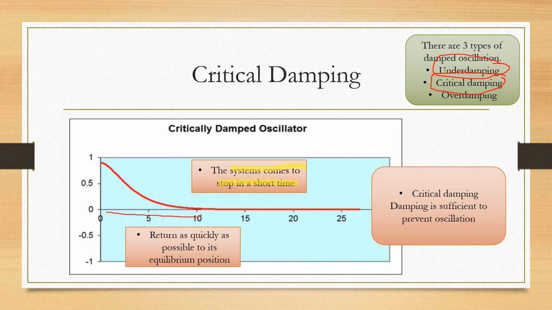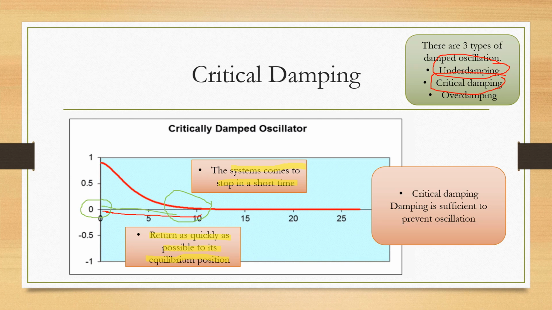This is a very short time. The next keyword is that it returns as quickly as possible to its equilibrium position. Because the system comes to a stop in a short time, it returns as quickly as possible to its equilibrium position. In this graph, this line here is considered the equilibrium position.